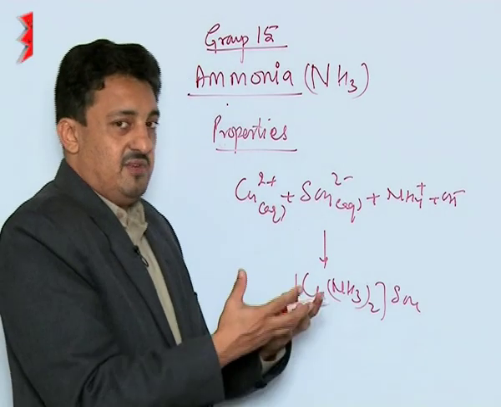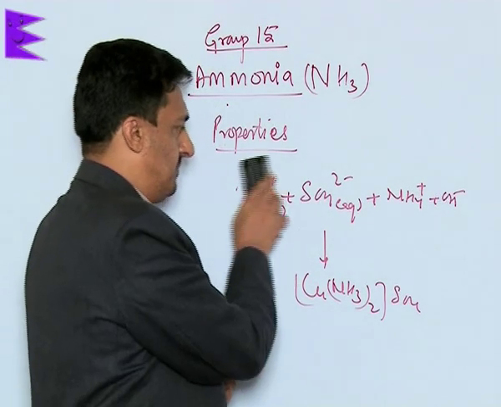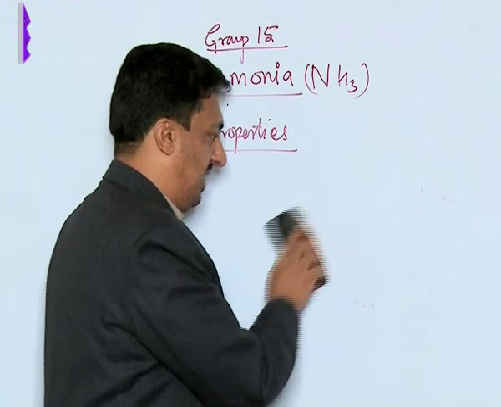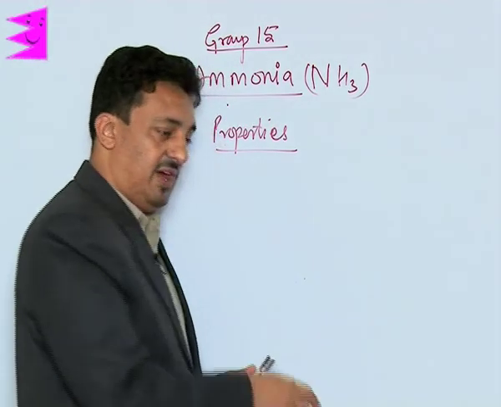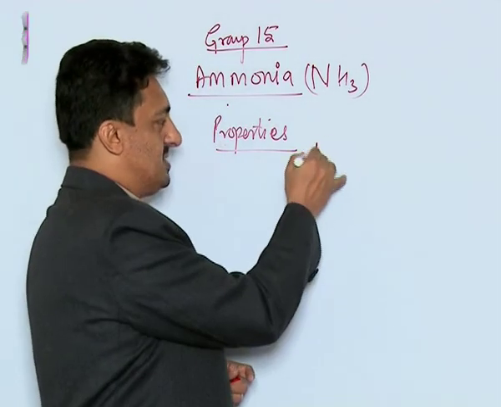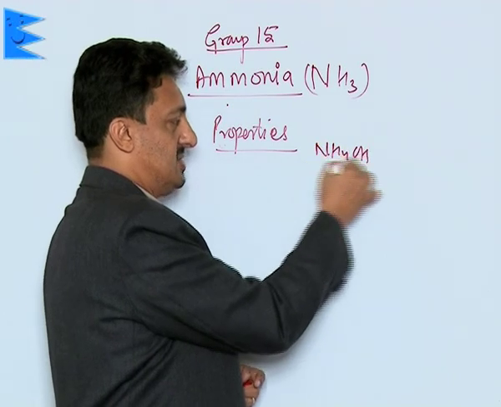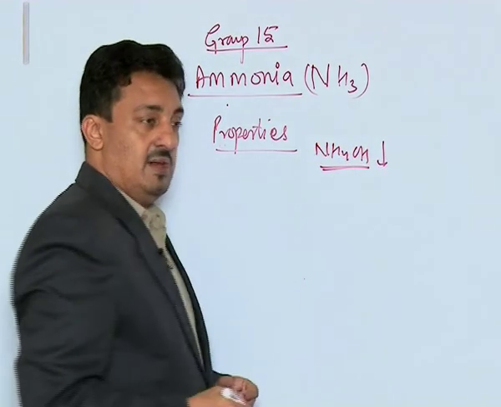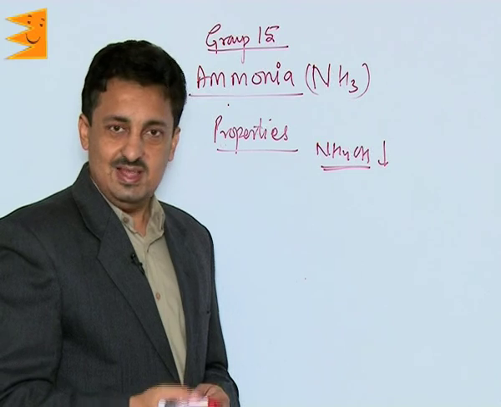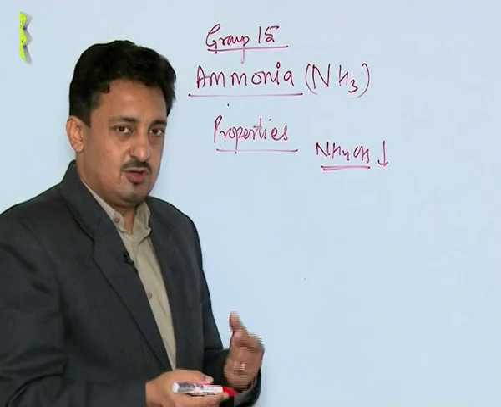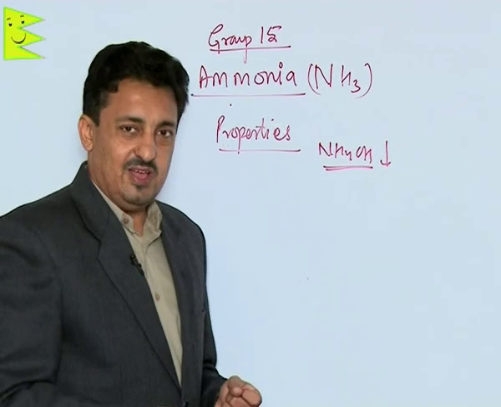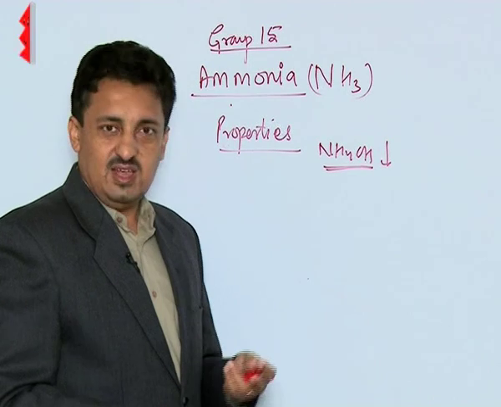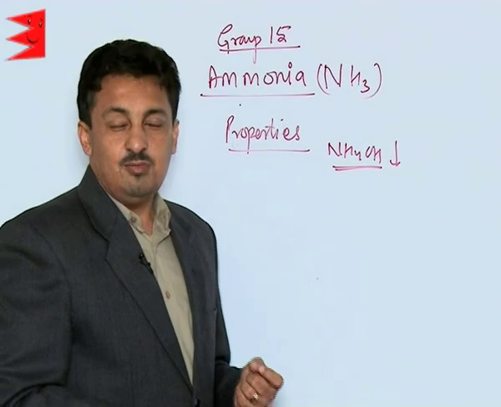Since its aqueous solution has a lot of OH minus ions, we use its aqueous solution, ammonium hydroxide, to precipitate a number of metal ions. Like in salt analysis in group 3, it is used as a group reagent to precipitate out ferric, chromium and aluminium ions.